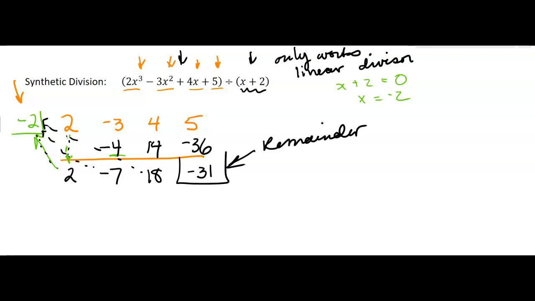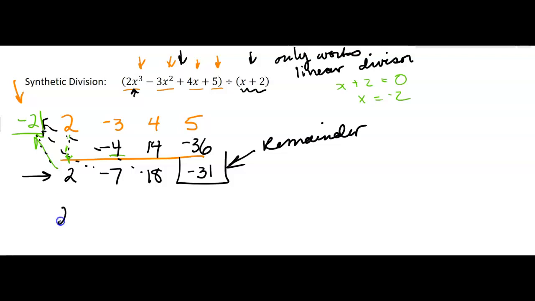Well, what do all those numbers mean? What is the answer? Well, this is going to be the quotient and remainder. Now, it doesn't look like a polynomial, so we have to convert it back to a polynomial. So notice that we started with x cubed. Because we're dividing by a linear factor, it's always going to go down 1 degree.